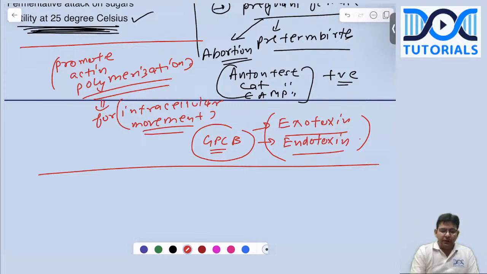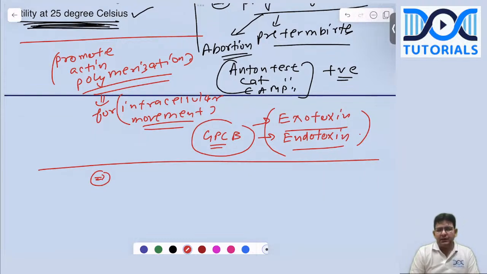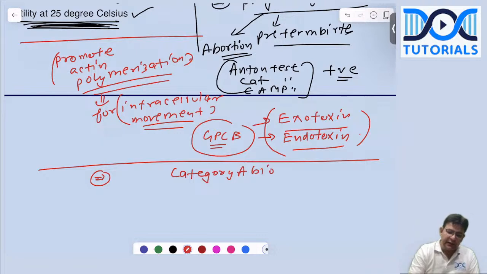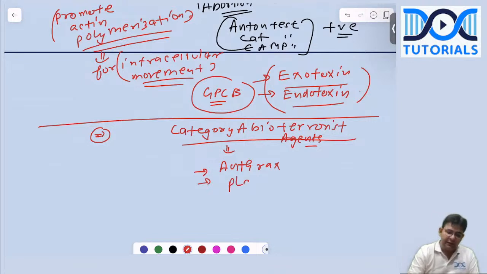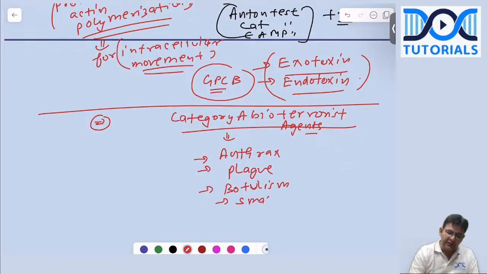Now certain other things which can be asked: if somebody asks what is in the category A bioterrorist weapons, what comes, guys? Important ones like anthrax, which is being asked, along with plague, botulism, smallpox, also termed variola.